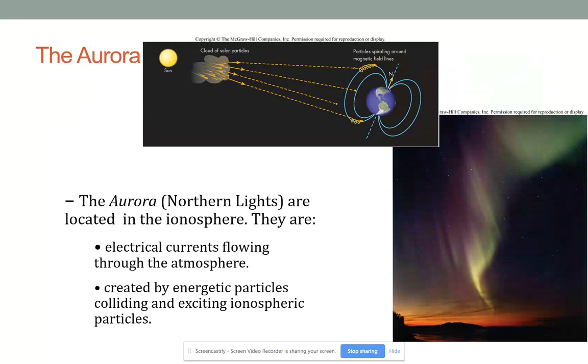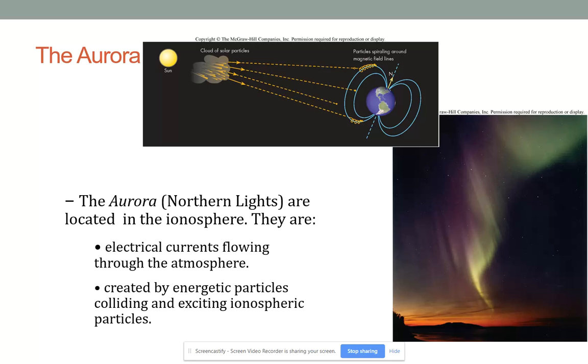So, northern lights. Northern lights, or aurora in general, are an interaction between the cosmic wind and the Earth's atmosphere. So the cosmic wind is charged particles coming from the sun. The sun, believe it or not, is losing mass at an incredible rate.